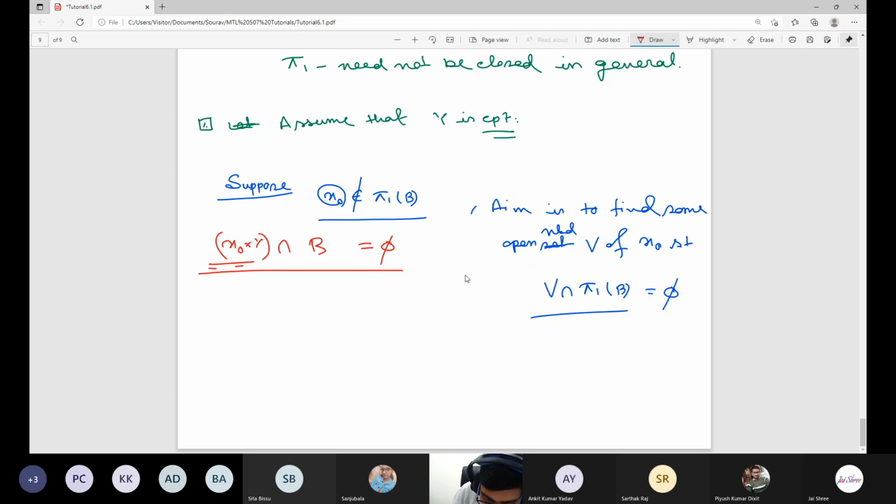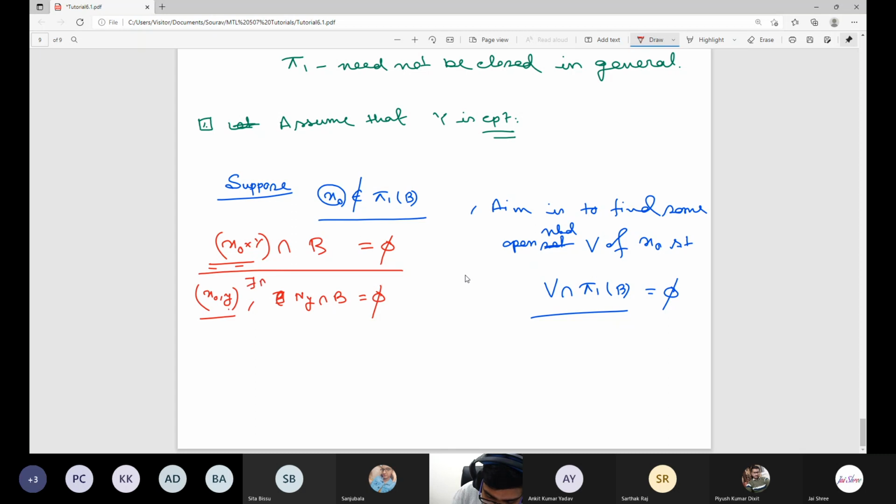So now if you take an element (x0, y), then this point will not be a closure point of B, and therefore there exists some Ny, a neighborhood of (x0, y), such that Ny intersection B is phi.